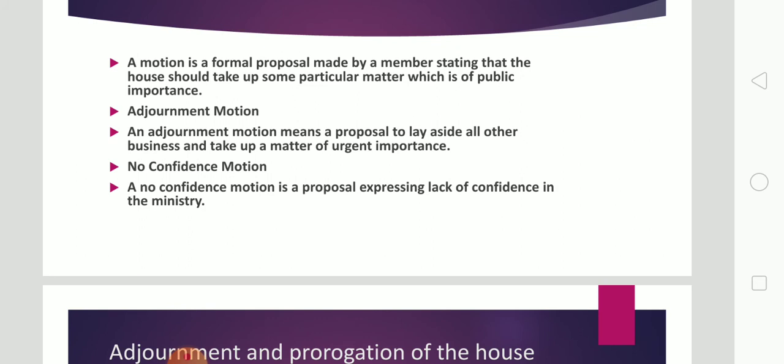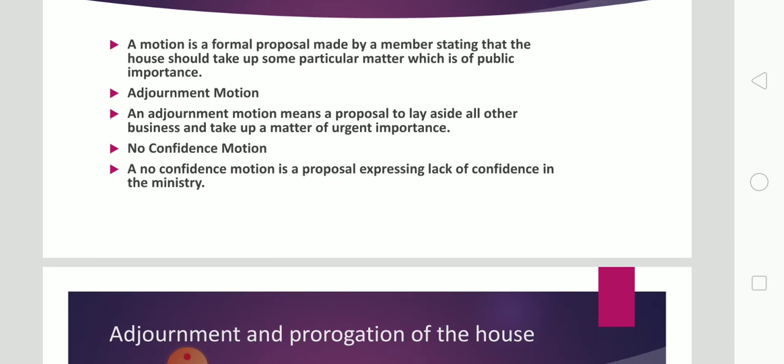Then there are two types of motions: adjournment motion and no confidence motion. An adjournment motion means a proposal to lay aside all other business and take up a matter of urgent importance. Just now I told you, in all the sessions, all the day, some agenda will be there. As per the agenda, the meeting will be conducted.